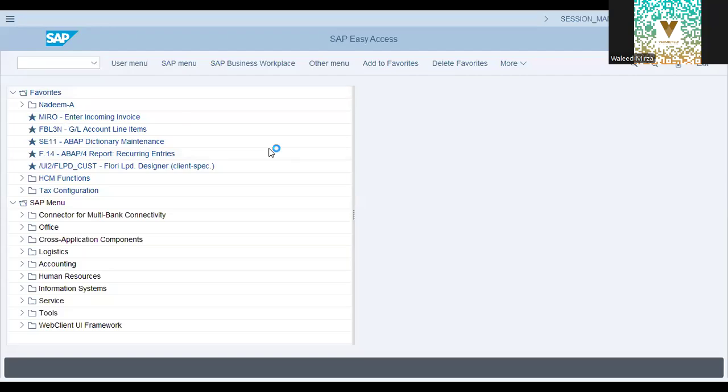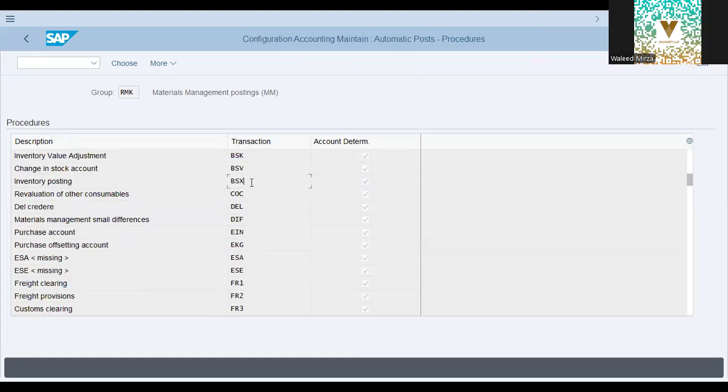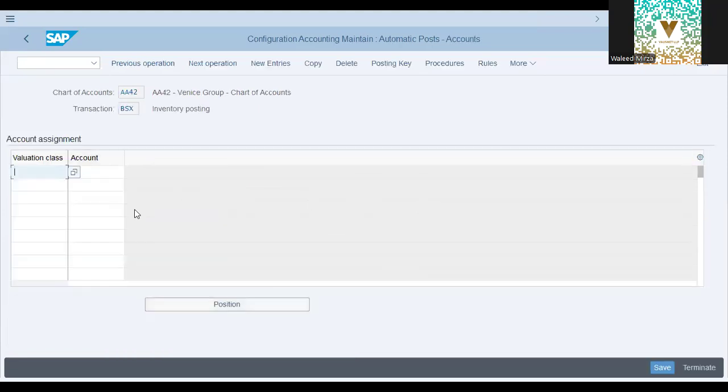OBYC is the transaction code, and over here we have different transactions. Inventory posting, BSX, is inventory posting. Double click. Chart of accounts 8842, and valuation class. Now, valuation class can be 3000.